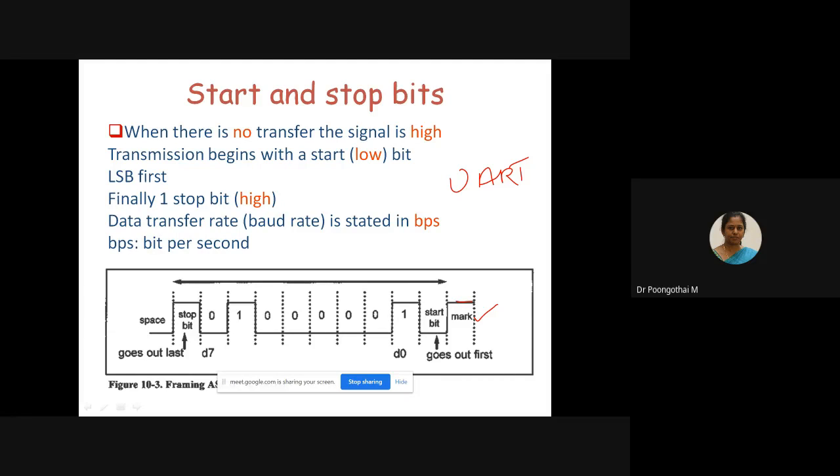Your transmission starts with a low signal, called the start bit, and the LSB goes first up to the MSB, D0 to D7, and finally one stop bit at logic level high, again a space. This format is to be followed during the serial communication of 8051.